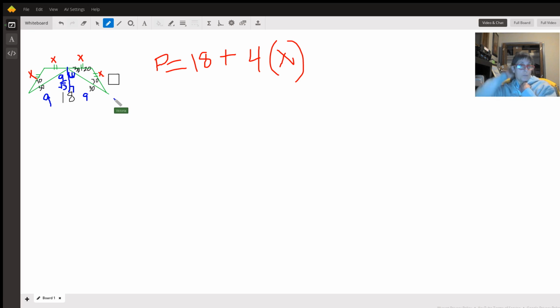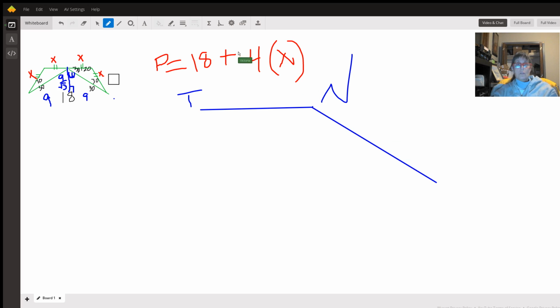What is going to help us is to now, let's redraw just one of these sides for a minute, where this is going to be T, and this is going to be N, and this, whoops, I need this. And this, I just need it bigger so we can see what we're doing. This is going to be P. Right here.